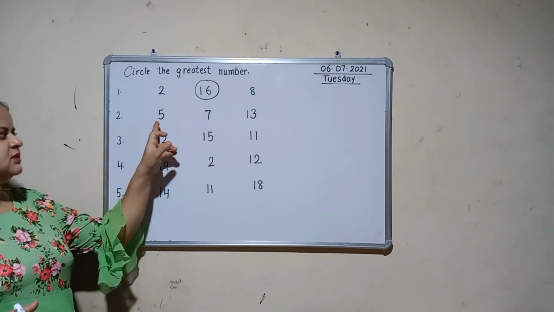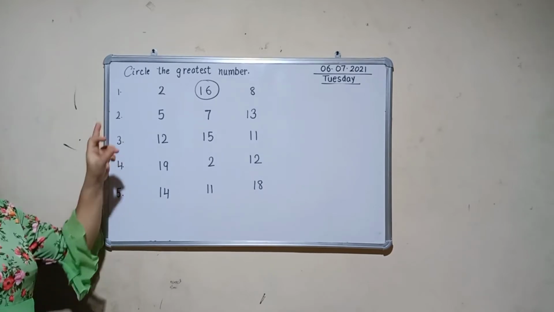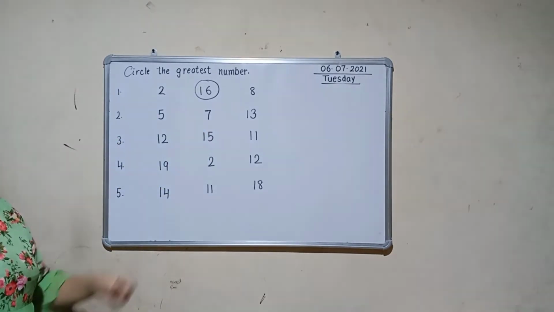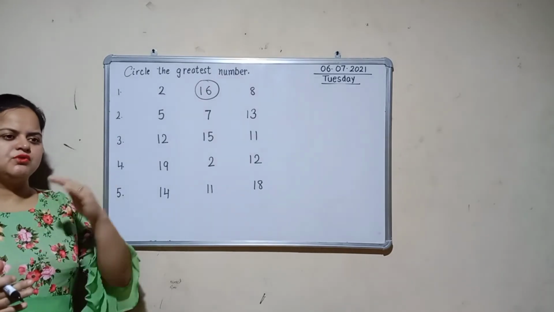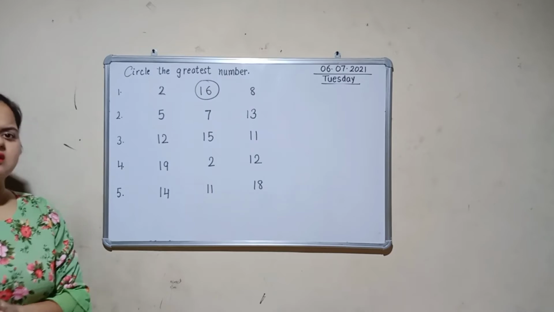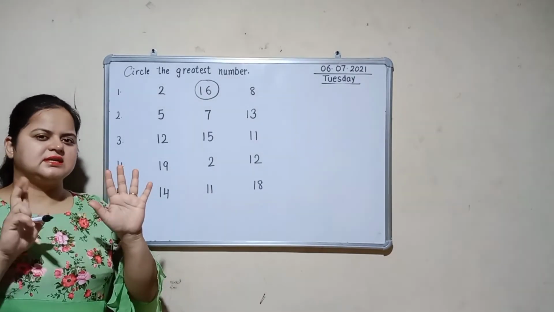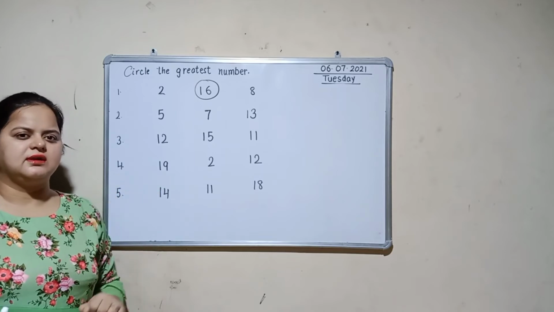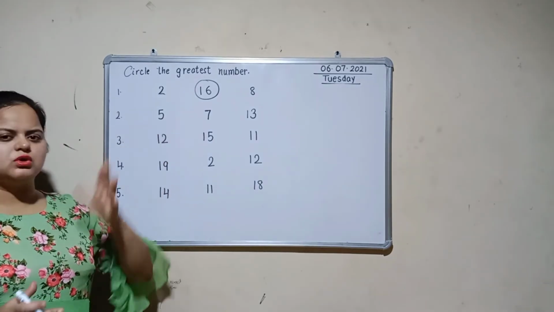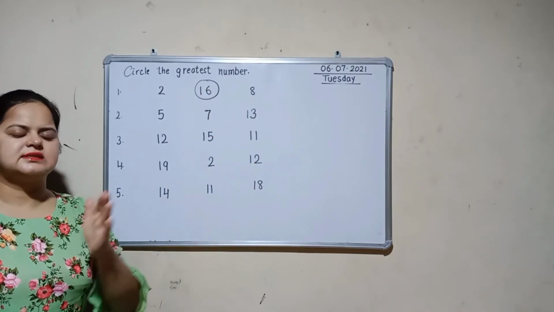Okay, the next is 5, 7, 13. 5, 7 and 13. Whenever we speak the counting, in which line do 5 and 7 come? In the first line, right? 1, 2, 3, 4, 5, 6, 7, 8, 9, 10. In the counting 1 to 10, both numbers 5 and 7 came, and 13 comes in the next line.